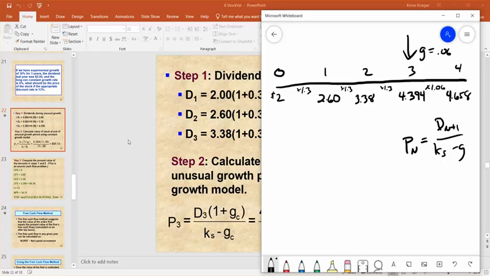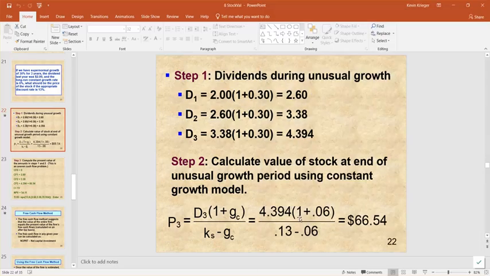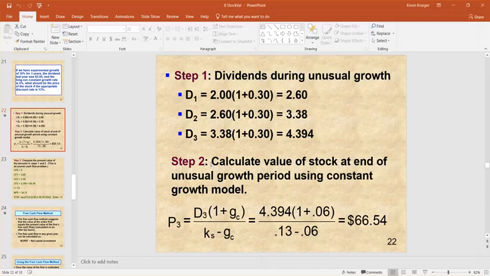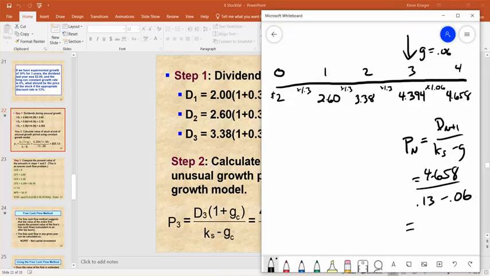Well, I got to multiply 4.394 times 1.06. That's my numerator. That's what's here on the slide. But say I just looked it up or calculated it with you, and we know that the answer for the numerator is 4.658. What's the denominator? 0.13 minus 0.06. It's the same easy shortcut as ever, right? That big thing is $66.54, right? That's the number here.